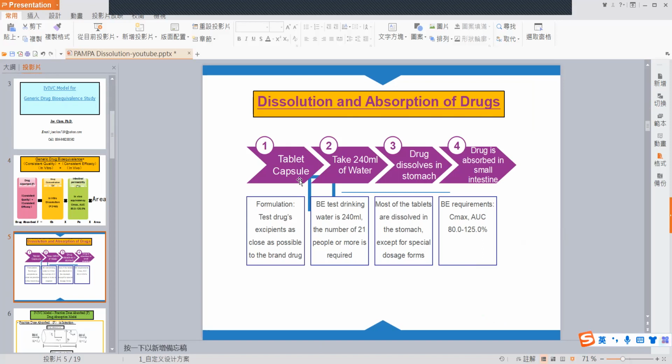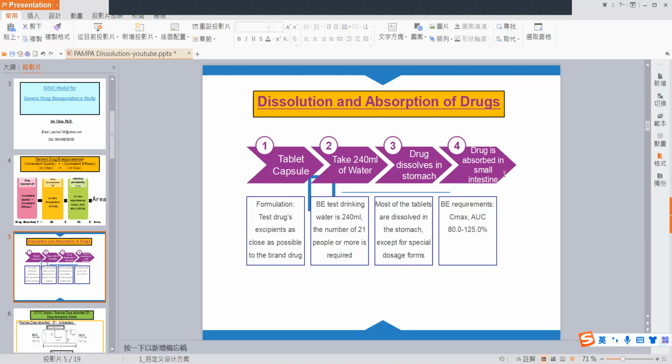For the tablet or capsule, the subject will need to take 240 ml of water, and that drug will dissolve in the stomach and finally be absorbed in the small intestine. That is usually the process from tablet or capsule all the way to the intestine.